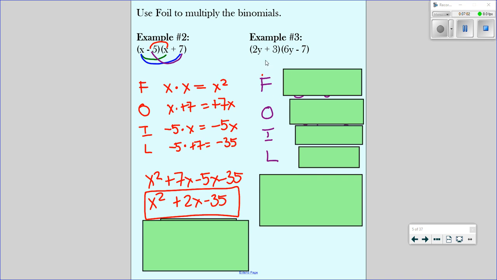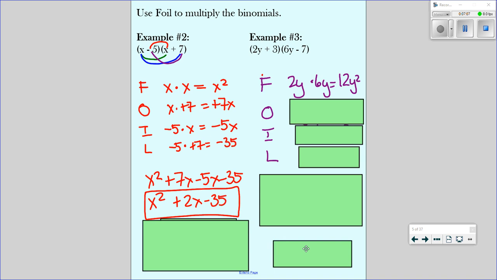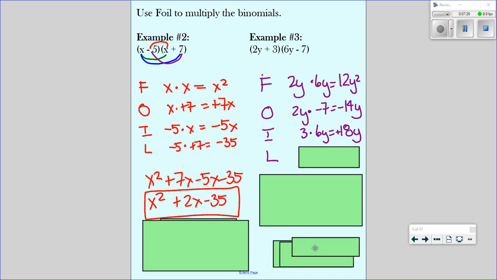For the next one, let's do the same thing. So 2y and 6y, you multiply, gives you 12y squared. Remember, when you have the same base and you're multiplying powers, then you add the exponents. The outer, 2y and negative 7 gives me negative 14y. The inner, 3 and 6y gives me 18y.